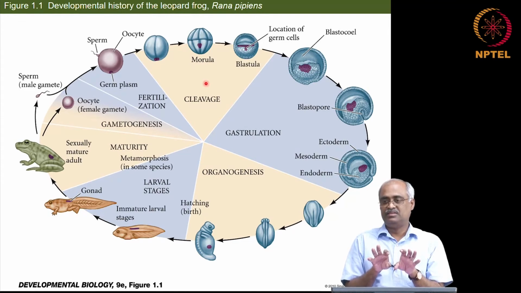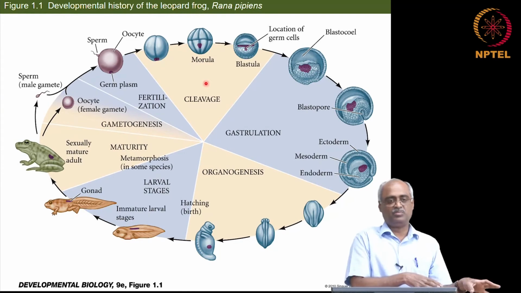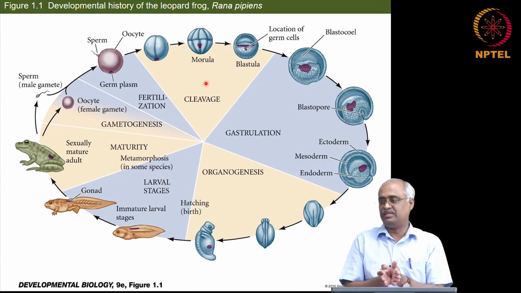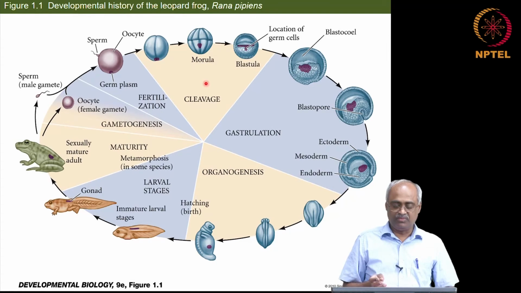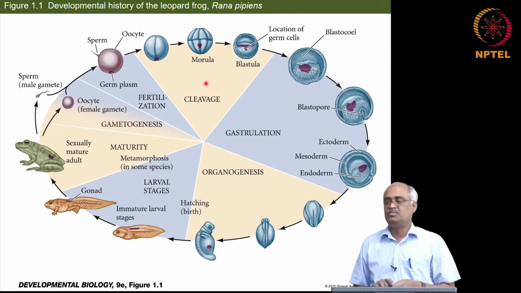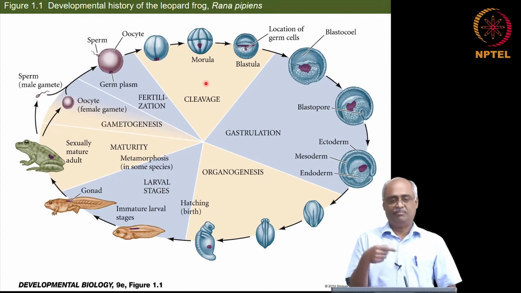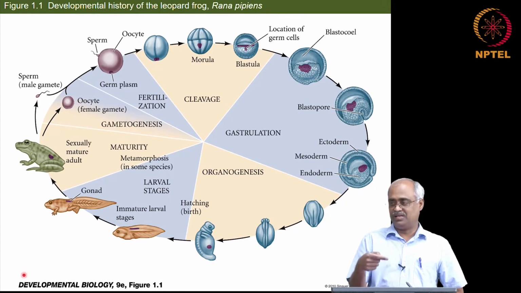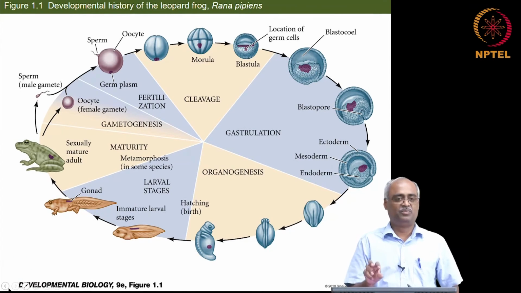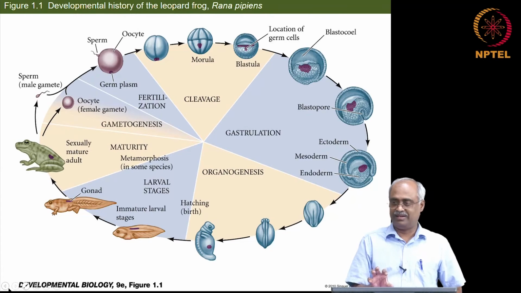This is the fundamental difference between a normal cell division and cleavage in the embryo. You are obviously replicating DNA, and therefore you are making multiple nuclei, and each nucleus gets a smaller portion of the cytoplasm. That is how it is compartmentalized.